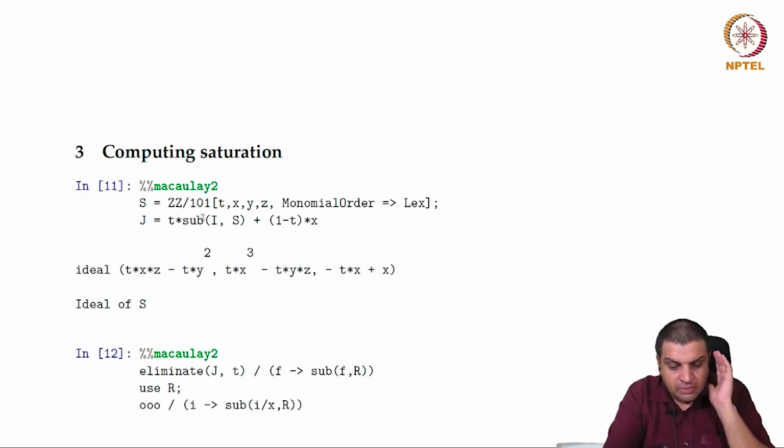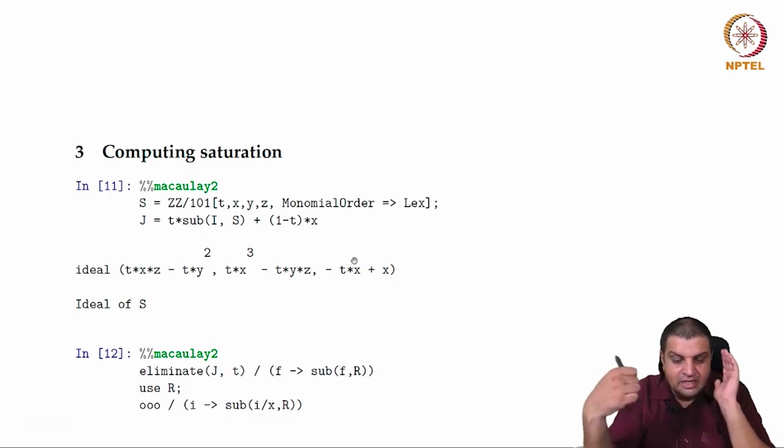So please look this up in its help in Macaulay. And so this is just the extended ideal, t times the extended ideal of I times 1 minus t times x. Okay, so the x here refers to x of S, which is why we didn't have to put a sub there. Okay, so we get some ideal here.